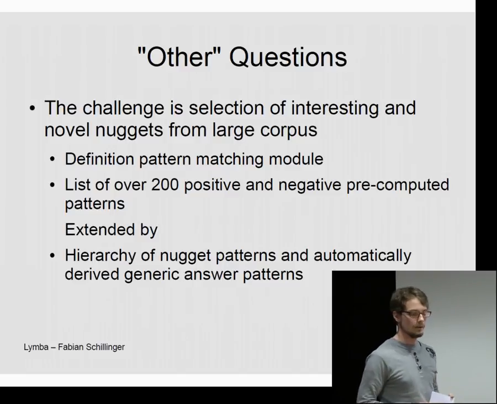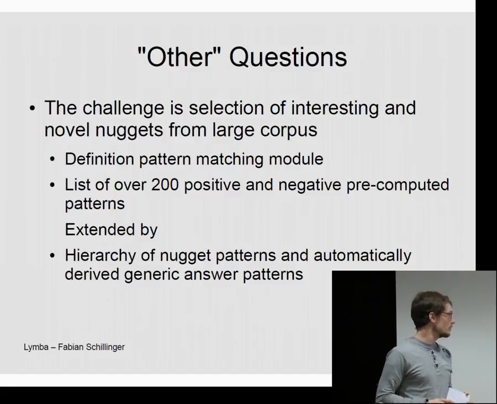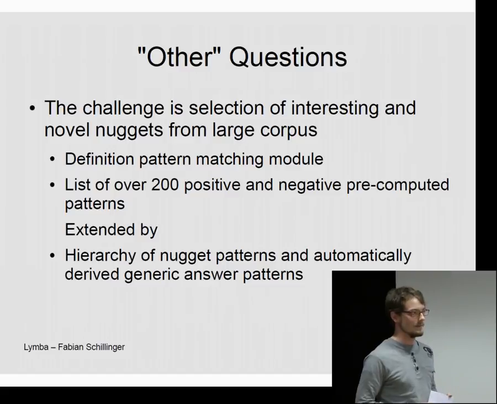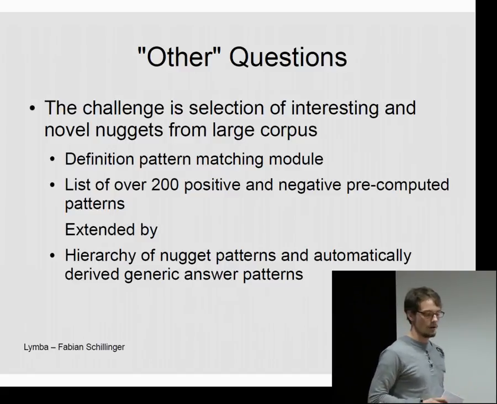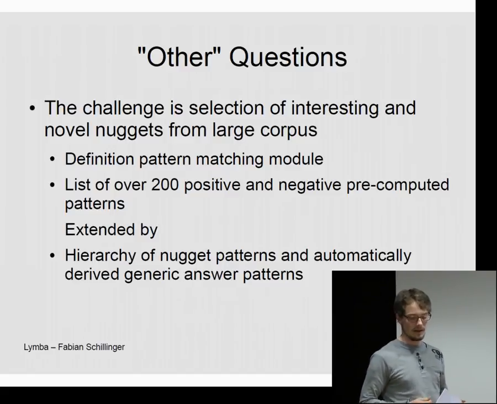So they used an approach where with a definition pattern matching module, they built a list of over 200 positive and negative pre-computed patterns and extended them by a hierarchy of nugget patterns and automatically derived generic answer patterns.